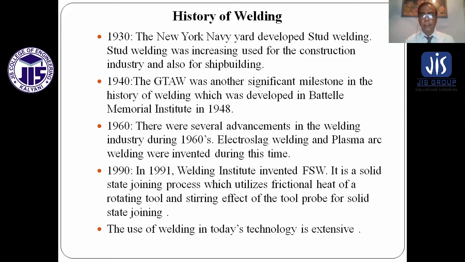In 1940, gas tungsten arc welding was another significant milestone in the history of welding, which was developed at Battelle Memorial Institute in 1948. There were several advancements in the welding industry during the 1960s. Electroslag welding and plasma arc welding were invented during this time.